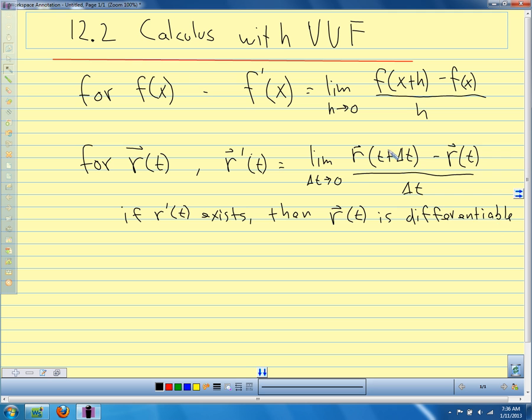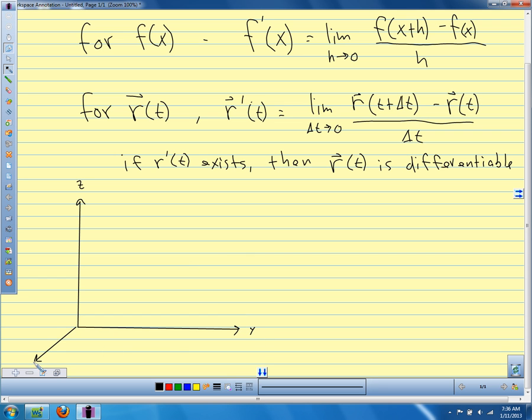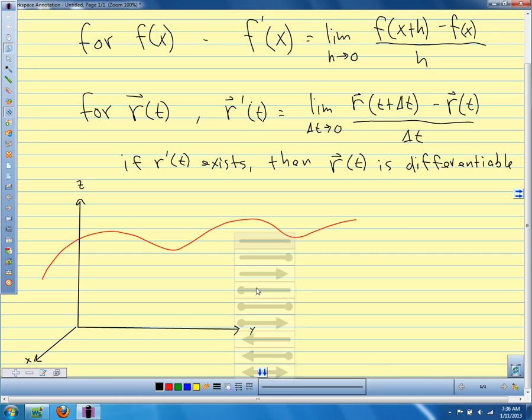And to put a picture with this, we'll just draw a graph of what we're talking about. So here are our axes, and it's really the same ideas we used with real valued functions. So here we have some curve in space, and we're going to draw our vectors here.